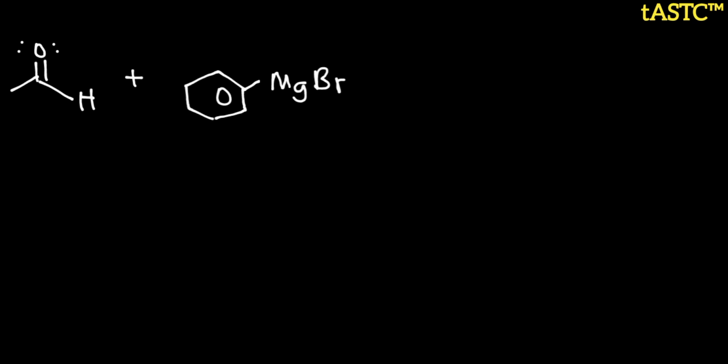So as you well know, the first thing that will happen is oxygen will take one of its lone pairs and detach the MgBr away from this species. That will cause this bond to return. So you are going to form something like this.